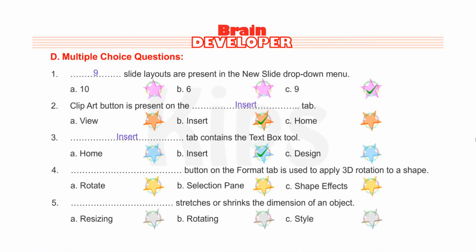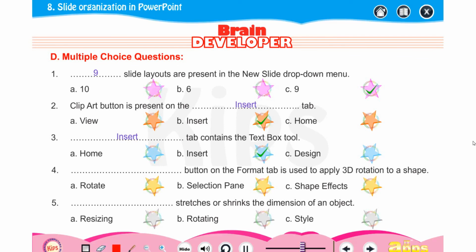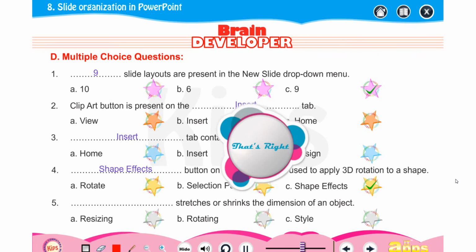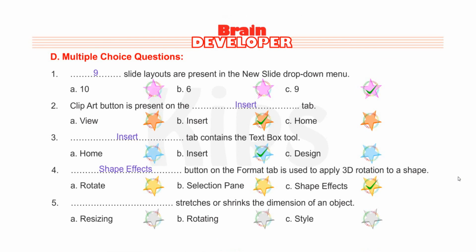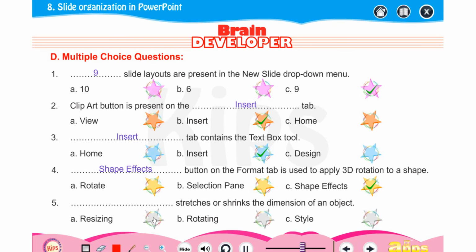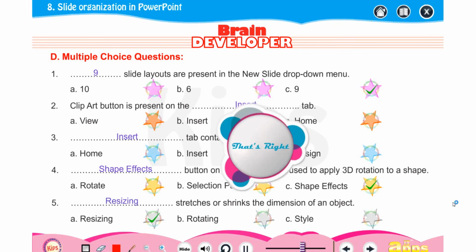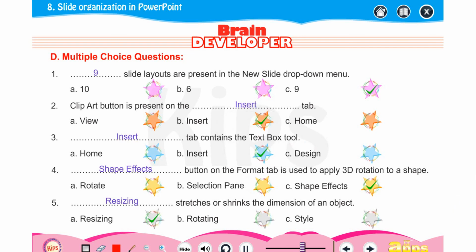Fourth one, dash button on the format tab is used to apply 3D rotation to the shape. So the shape effect is used. Next one, dash stretches or shrinks the dimension of an object. So with the help of resizing, we can stretch or shrink the dimension of an object.